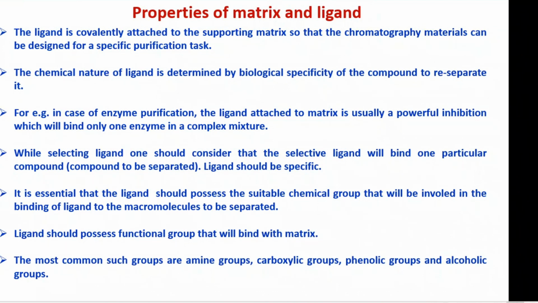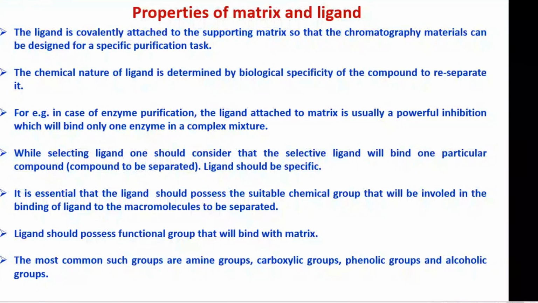That means, what does it mean? When the purification is required for proteins or for other materials, you have to be very specific in the selection of the matrix material, and also the selection of the ligand molecule.